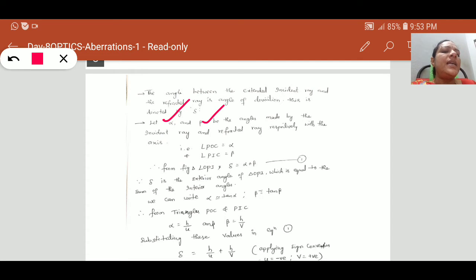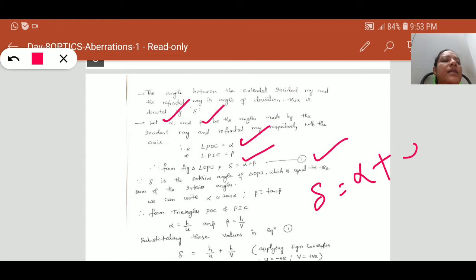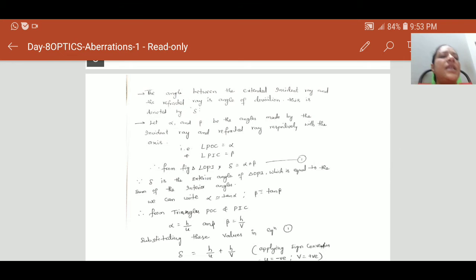Similarly, at the image side, angle PIC can be written as beta. By the mathematical laws, delta is the exterior angle of the triangle OPI, which is equal to the sum of the interior angles. Therefore, we can write the first equation: delta is equal to alpha plus beta.